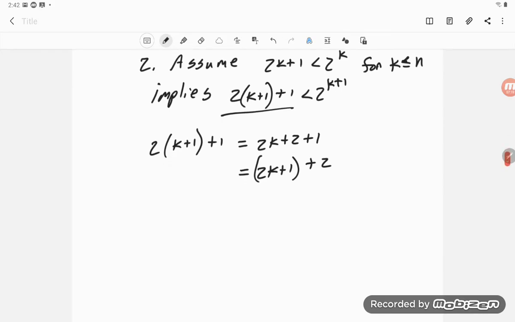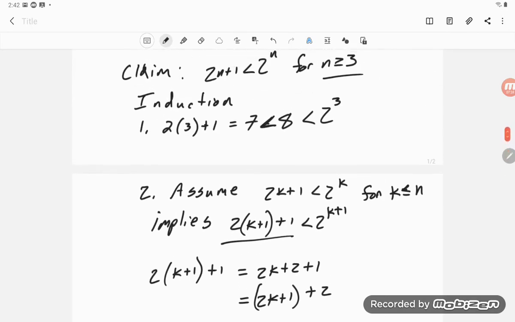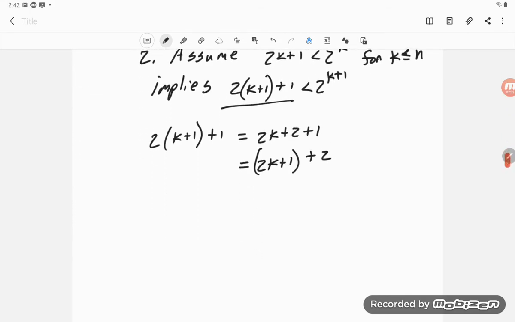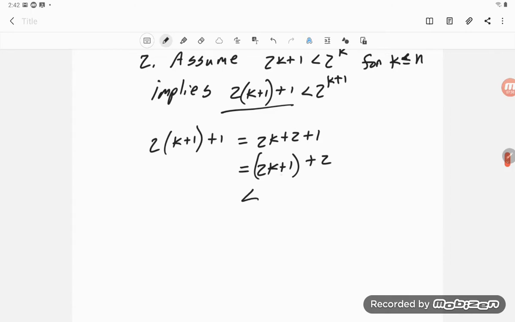And the reason I did the 2k plus 1 is, remember, that's what we're trying to work with here. Our claim is we've got a 2n plus 1. And so using our induction assumption, now I get to say, well, that's 2 to the k, so it's less than 2 to the k, and then plus 2.